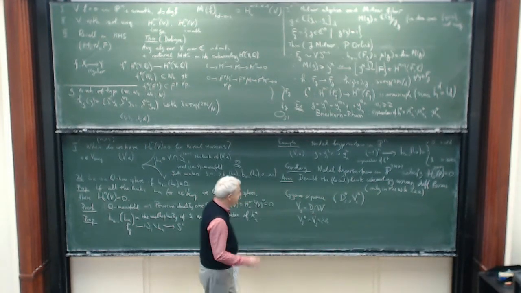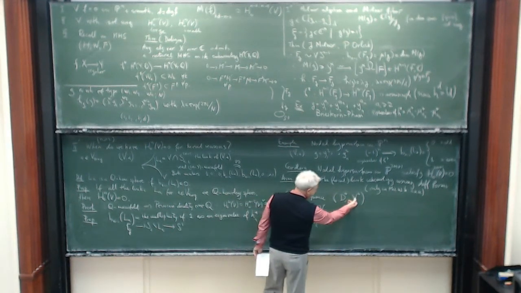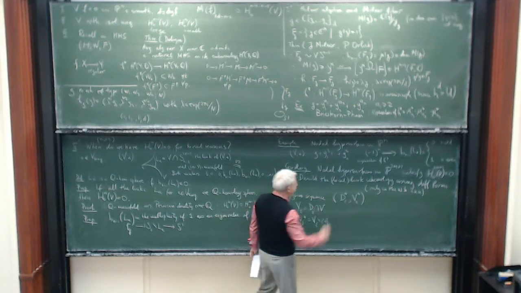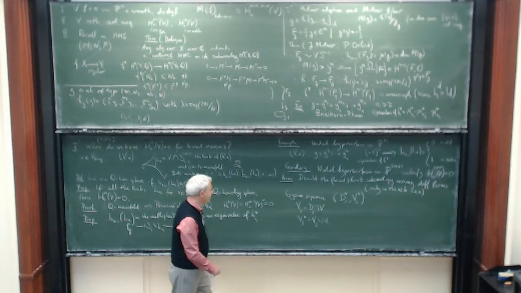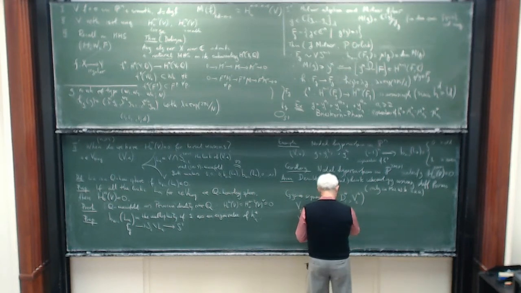And so now, because I have an isolated singularity, this means that I have a smooth surface in a complex manifold, and I can write the Gysin sequence. In the middle it has this form.